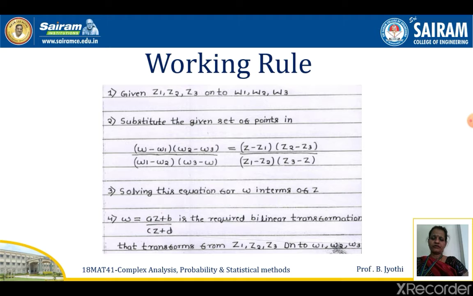That means we will be getting 4 equations with 4 variables, that is A, B, C, D, which can be solved. Then we get the values of A, B, C, D, which are substituted in W equals (AZ plus B) by (CZ plus D). There we get the required bilinear transformation.